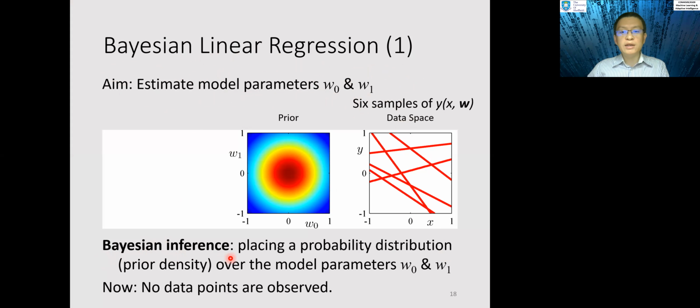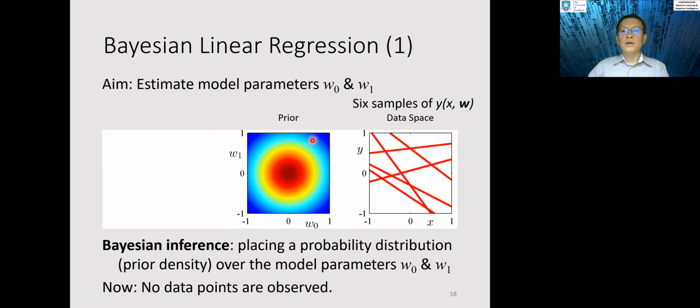So we will place a probability distribution over these two model parameters, W0 and W1. So here is our prior density or prior distribution for W0 and W1. Now we have no data points observed yet.